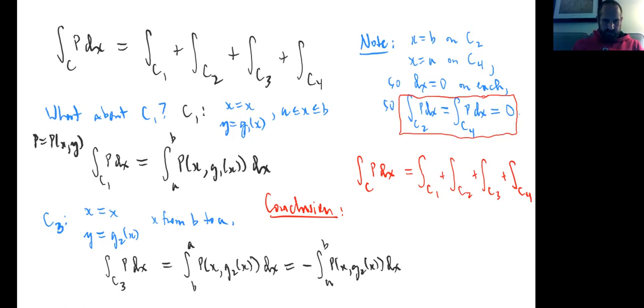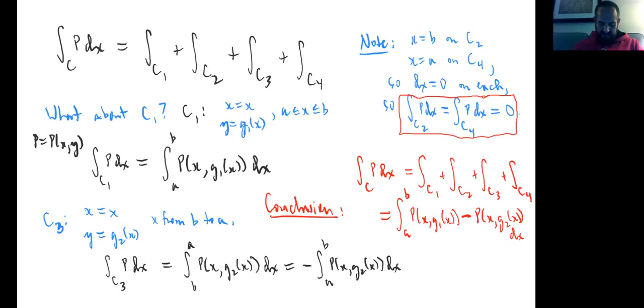So this is equal to, what's the integral along C1? It's the integral from a to b of P of x, g1 of x. Then I can add in the integral along C3, from a to b, but that comes with a minus sign: minus P of x, g2 of x, dx.